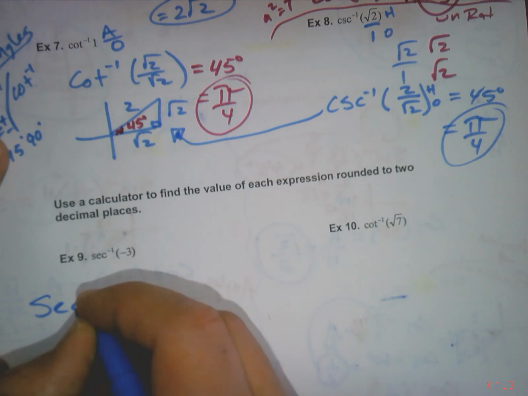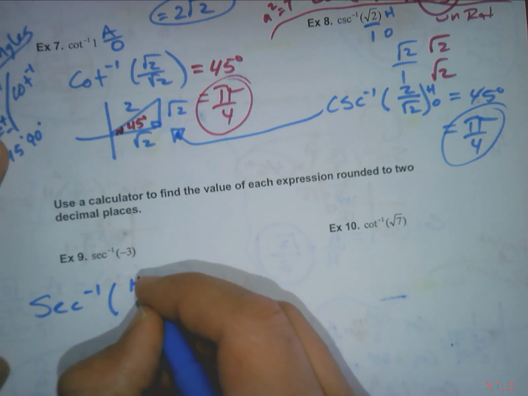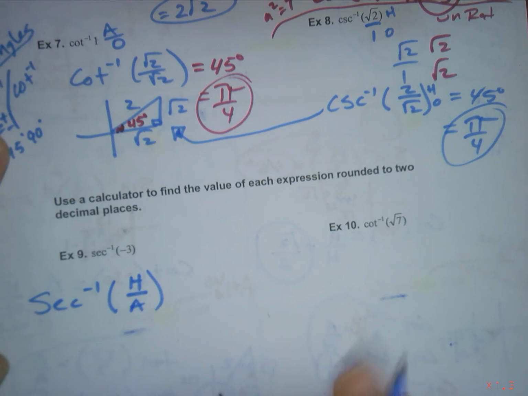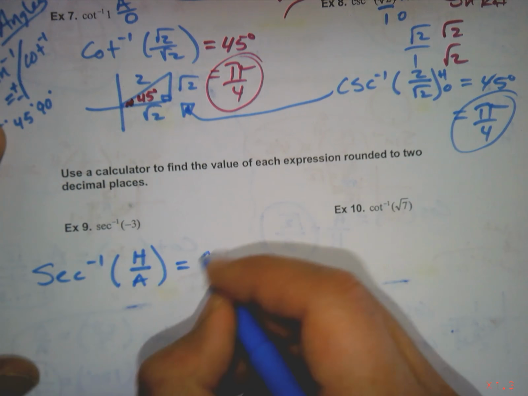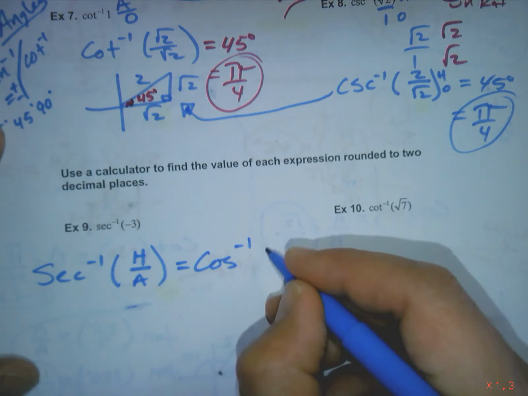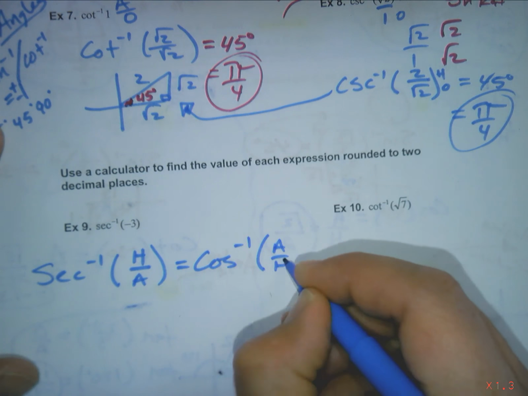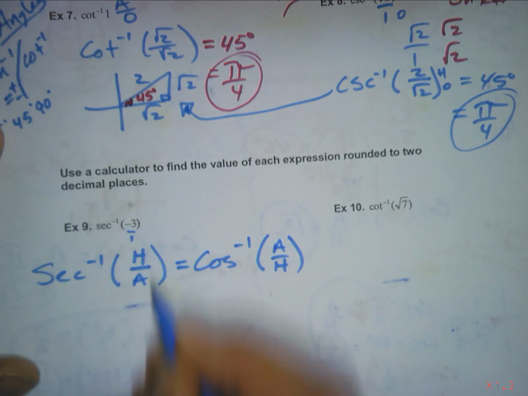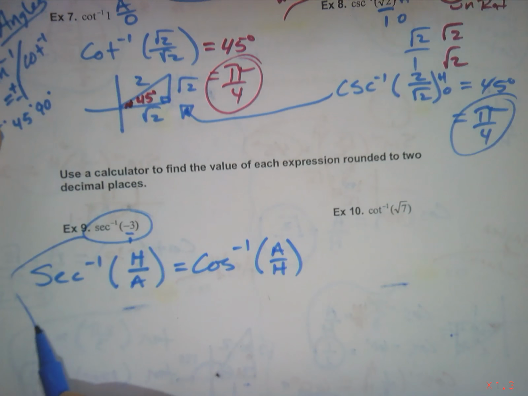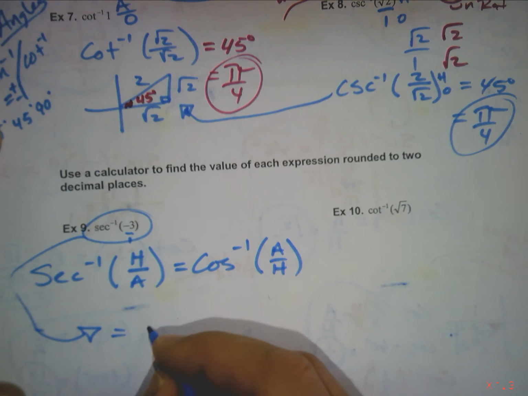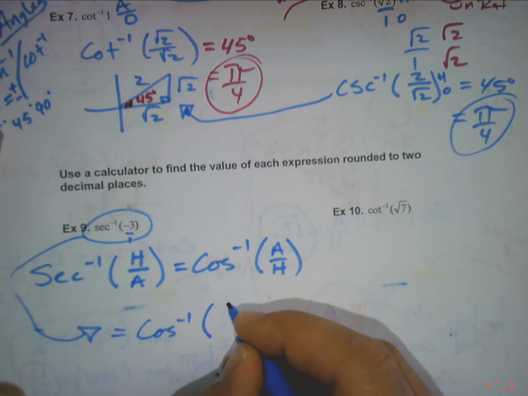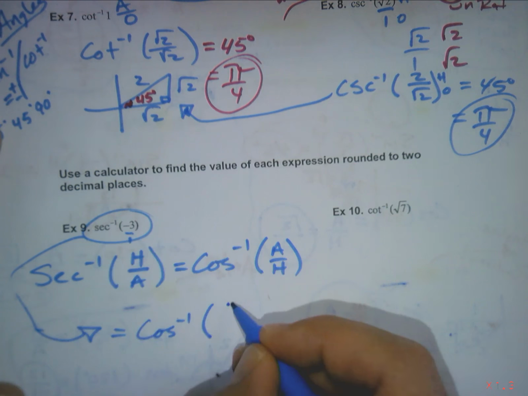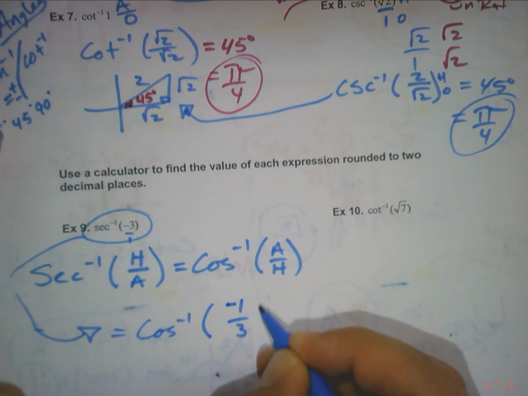If I have inverse cosecant, that is a ratio of sides of H over A. Well, who's his buddy? Cosine. Well, this would give you the same angle, A over H. So what I want you to do is take this and rewrite it so that it's the inverse cosine of, take this negative 3 over 1 and flip it so it's negative 1 over 3.